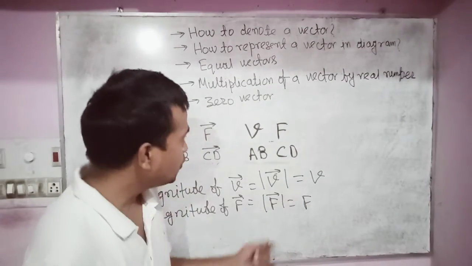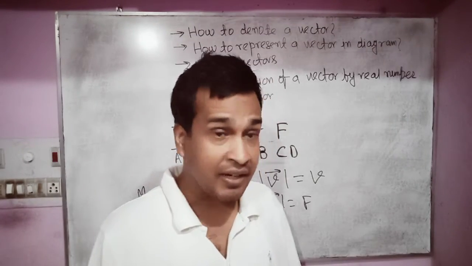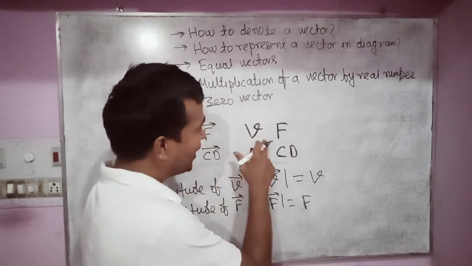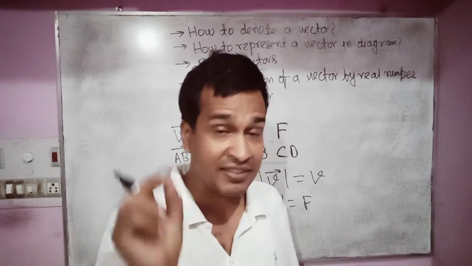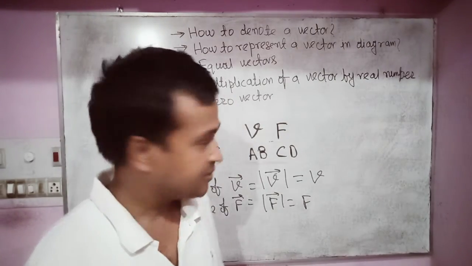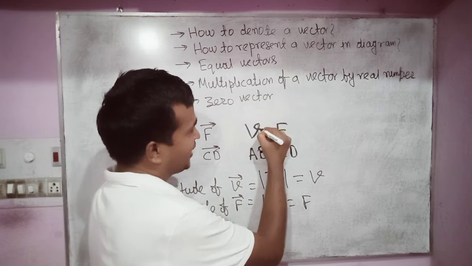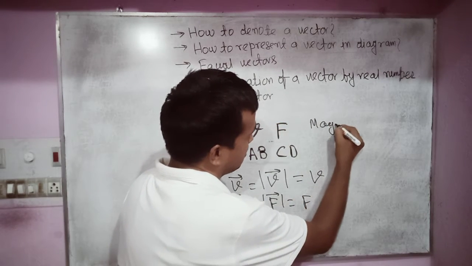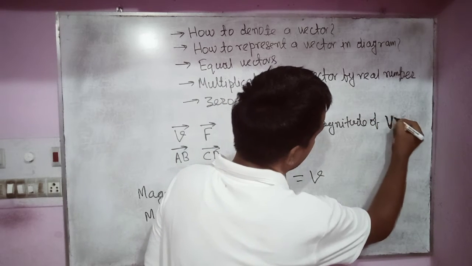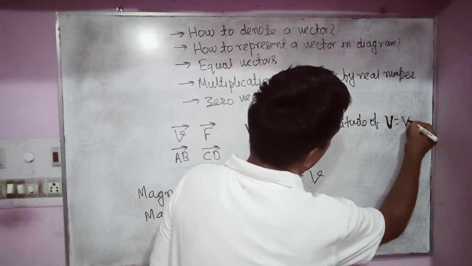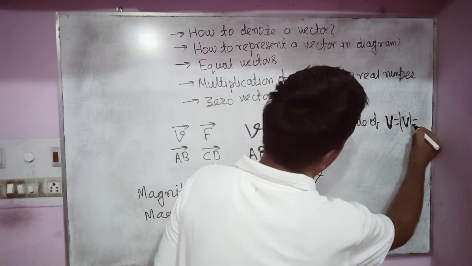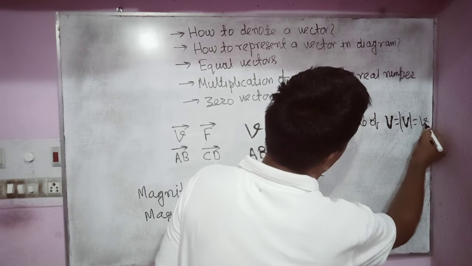Now, how to denote the magnitude of a vector when it is denoted by bold face in a book? When a vector is denoted in bold face in a book, then its magnitude is denoted by light face letters. For example, the magnitude of this vector V is equal to V, or simply light face.